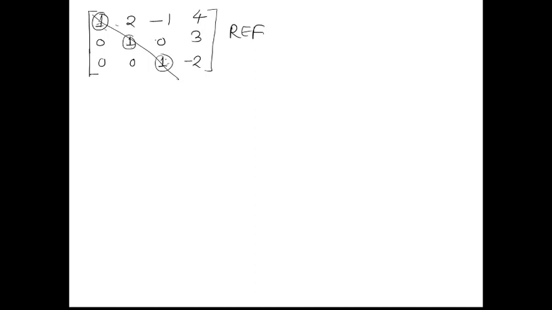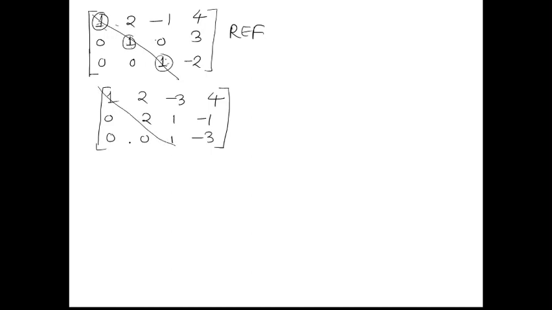Okay, now let us see another example. Say I have the elements as 1, 2, -3, 4, then 0, 2, 1, -1, then 0, 0, 1, -3. Is it a row Echelon form? First check whether it is an upper triangular matrix.